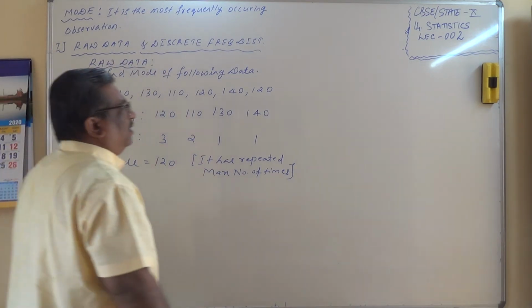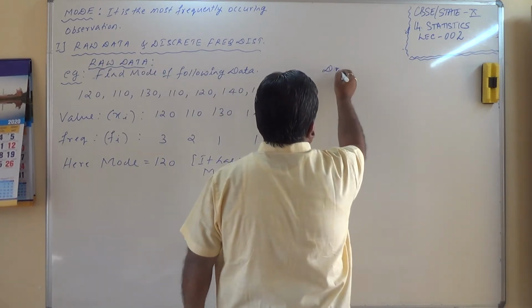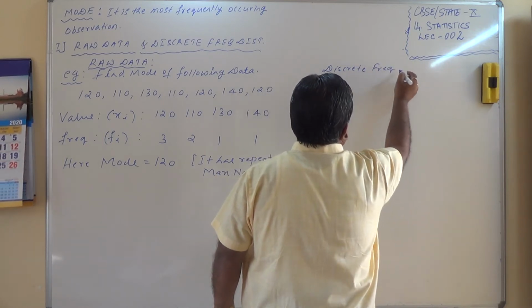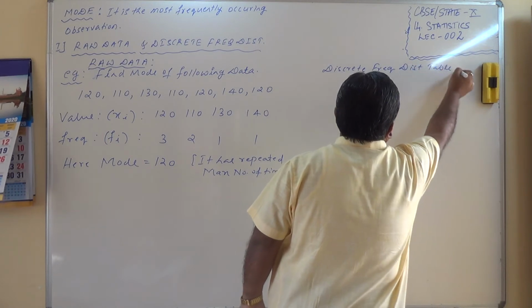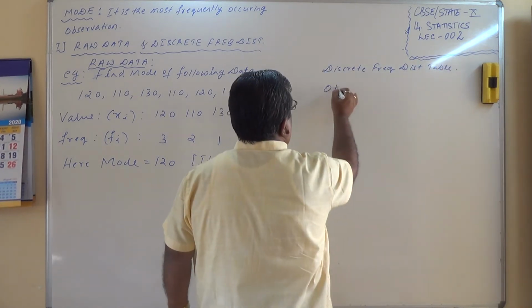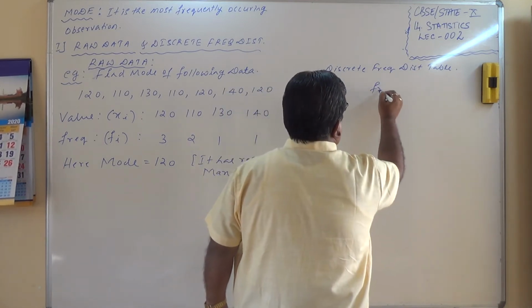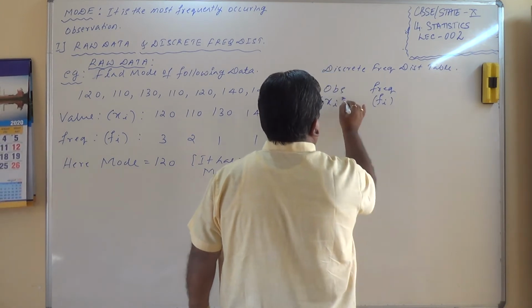Now we'll go for the discrete frequency distribution table. So observation, which is represented by xi, and frequency, which is represented by fi.